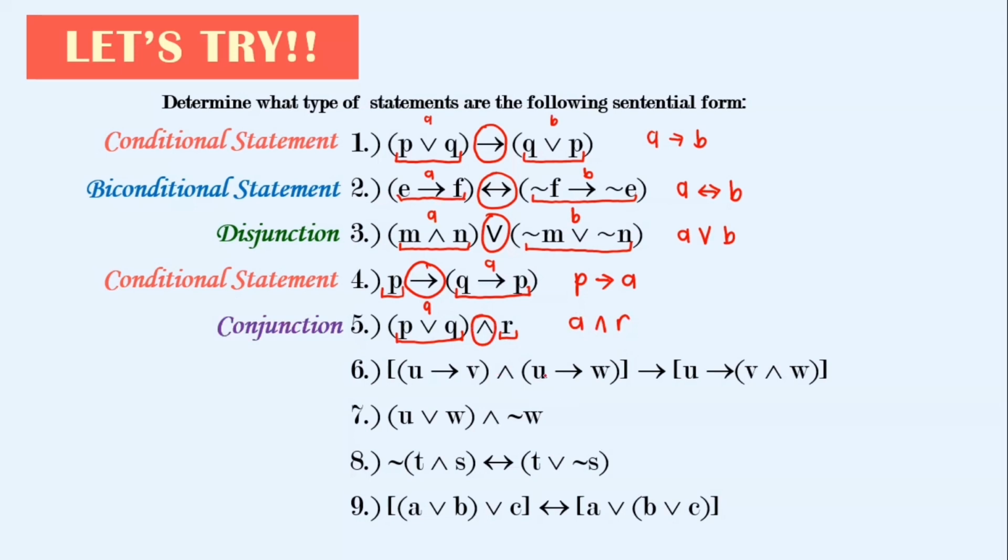Number 6. Okay, kung makikita mo naka-bracket, ito yung buong bracket na yan. Okay. So, let's say, yung buong bracket na yan, ayan yung A mo. O, sige, isahin natin. For example, ito yung A, ito yung B, ito yung C. So, yung mga naka-parenthesis, pinangalanan ko ng A, B, and C. So, yung pinaka-unang naka-parenthesis, yan yung A and B mo.